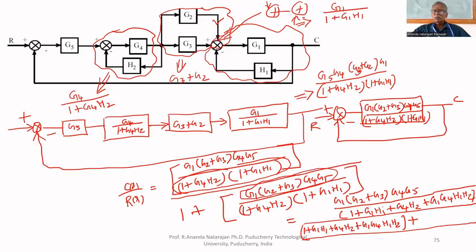Numerator part we have to write. So G1, G2 plus G3, G4, G5 whole divided by 1 plus G1H1 plus G4H2 plus G1, G4, H1, H2. These two are getting cancelled.